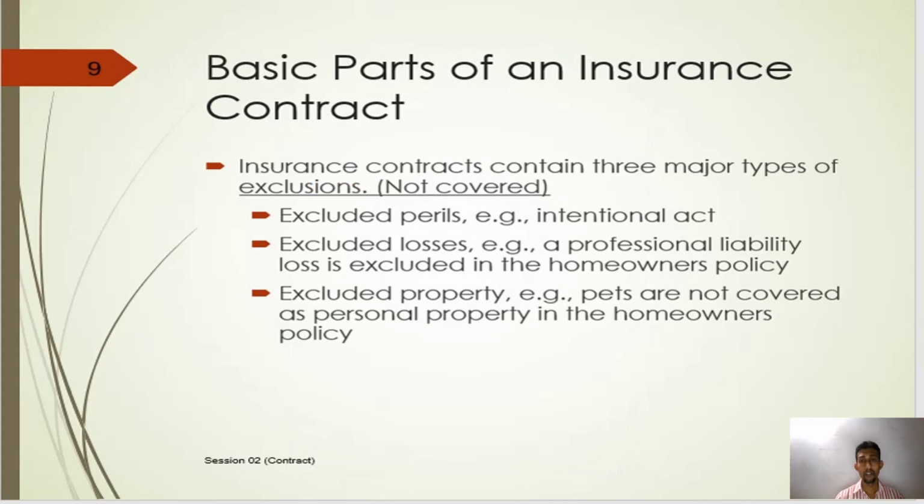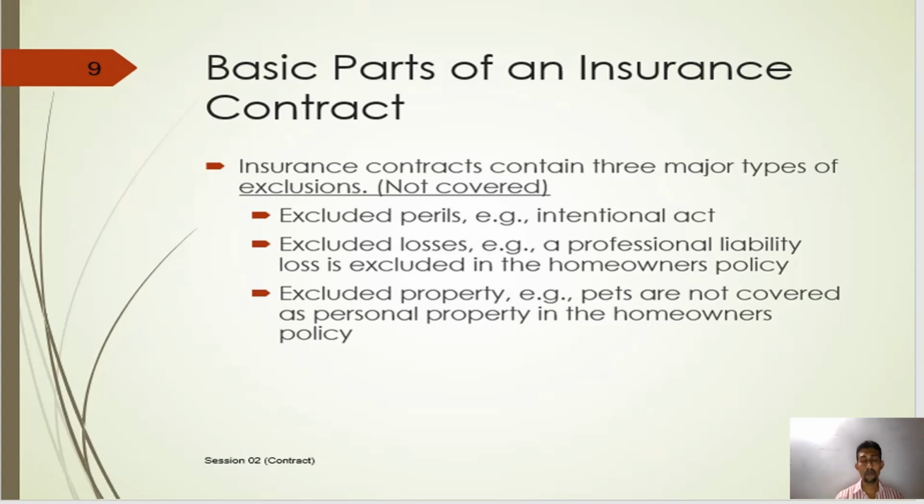Moving on to the basic parts or main sections that we see in an insurance contract. Apart from declarations, another section is the exclusions. What do you mean by an exclusion? The word gives you an idea. In other words, the things which are not going to be covered.